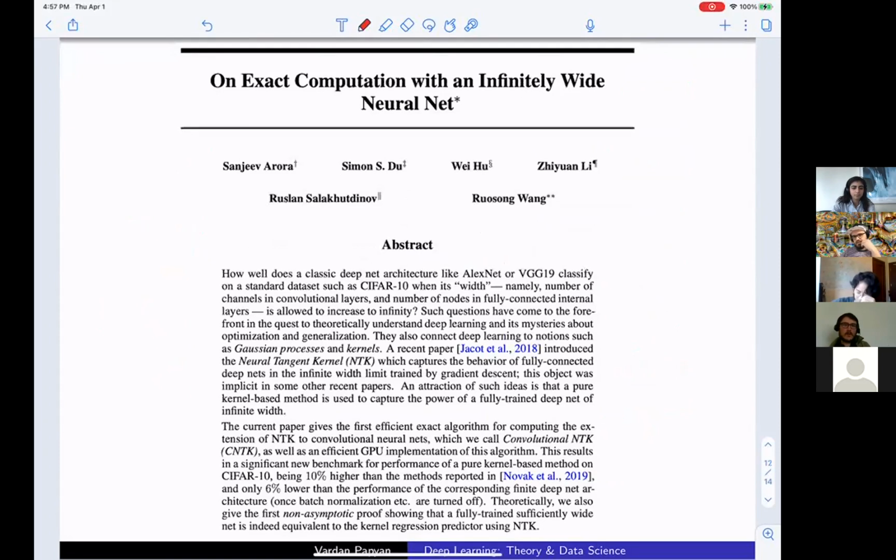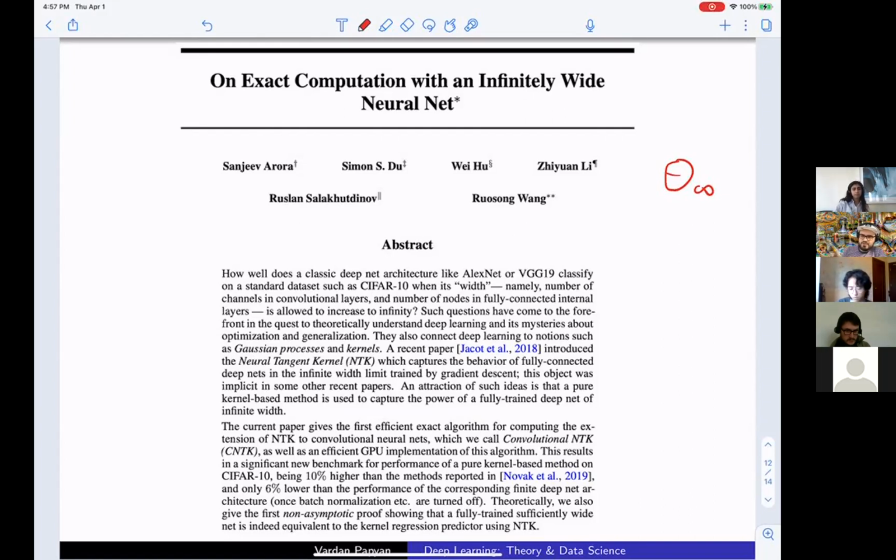Okay, we're about to run out of time. So I want to mention that Sanjeev Arora and co-authors actually found a way to calculate theta infinity, literally theta infinity, not by approximating it by taking the width of the network to infinity, but analytically.